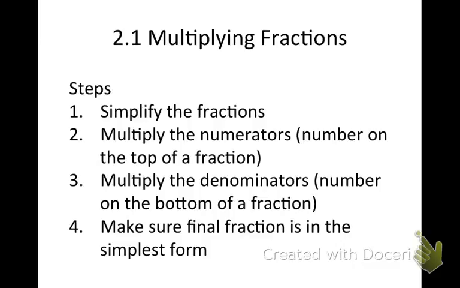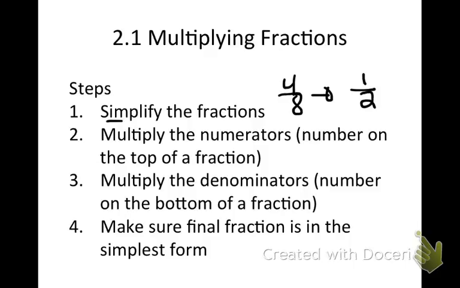To multiply fractions, you're going to write these steps down. Again, if you need to pause, go ahead and pause the video, and when you want to progress, go ahead and play. The first thing you need to do is simplify those fractions. Let's say you have 4/8. You can simplify that to 1 over 2.